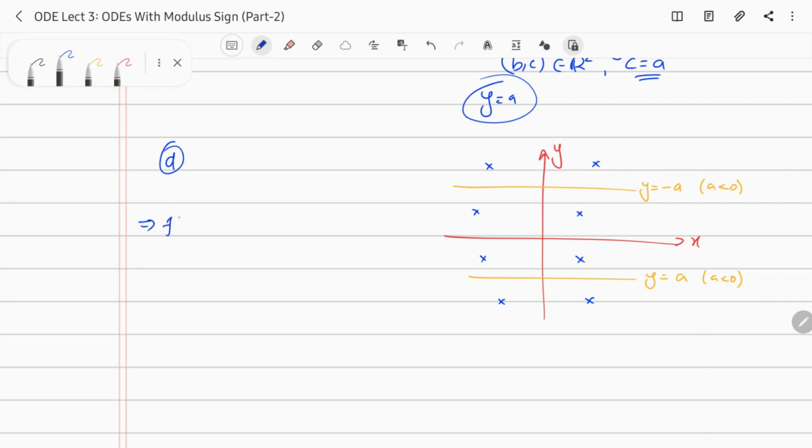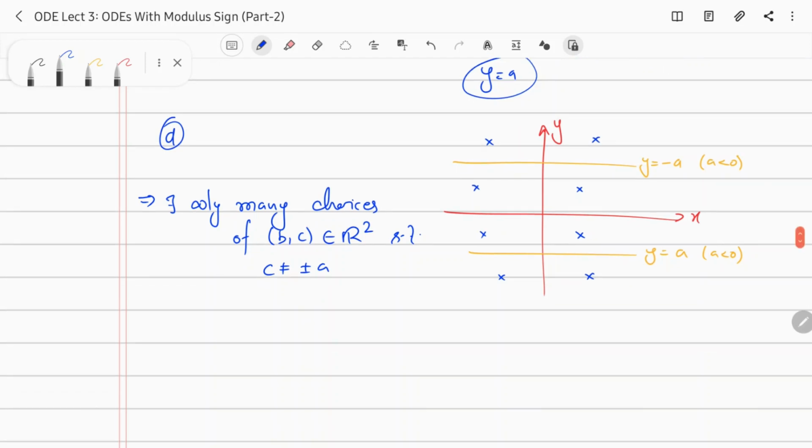I will write there exist infinitely many choices of b comma c belonging to R square, such that c is not equal to plus minus a, right?